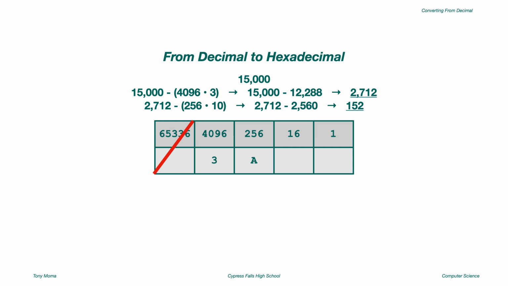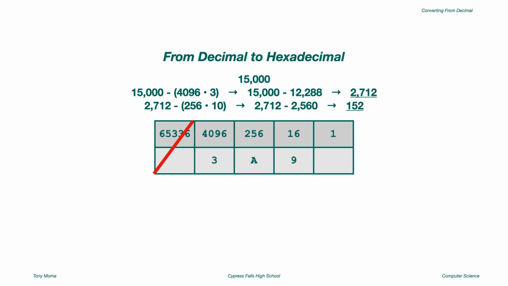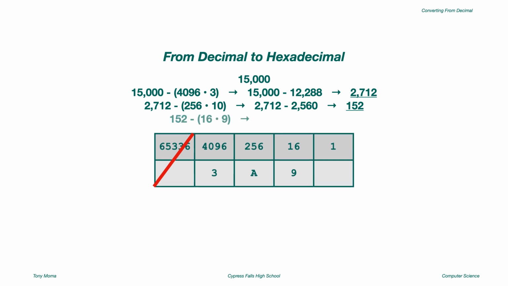Next column. How many times can 16 fit into 152? We do the division. 152 divided by 16 gives us 9.5. Ignore the 0.5, focus on the 9. 9 goes on the table. Multiply the top row times the bottom row. 16 times 9 equals 144. Subtract that from 152 and we're left with 8.